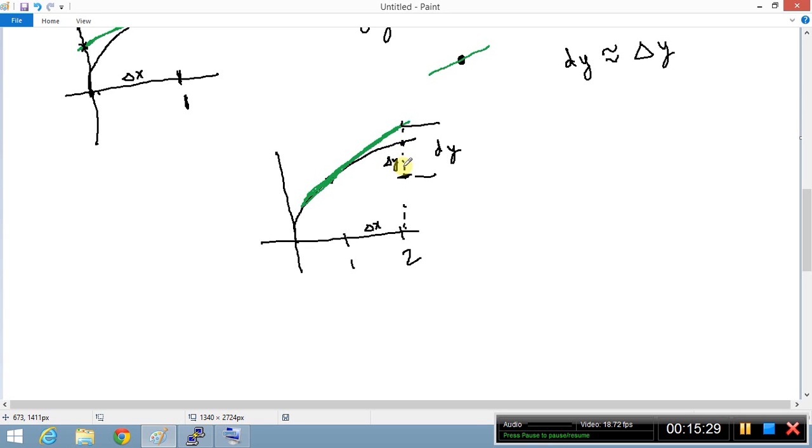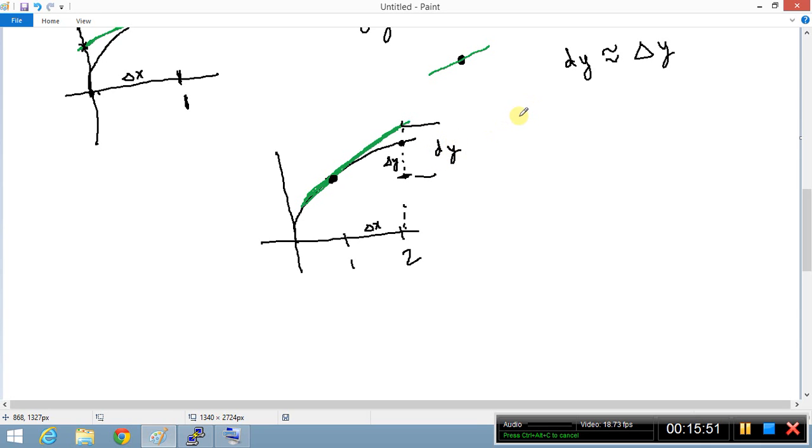Okay? So you see the difference. This is delta y. That's how much the function actually grows from this point to that point, the change in y. dy is the distance along the tangent line. And we don't often know delta y in practice, but we approximate it with dy.